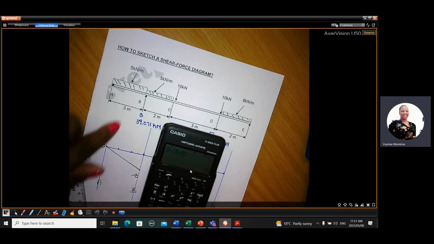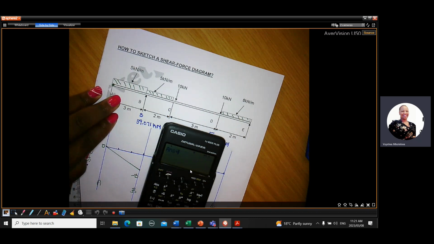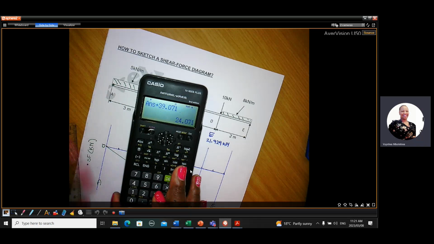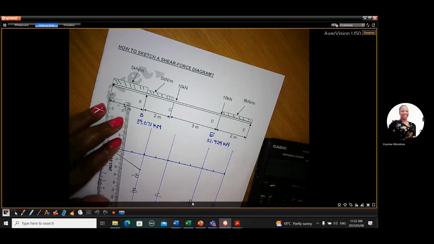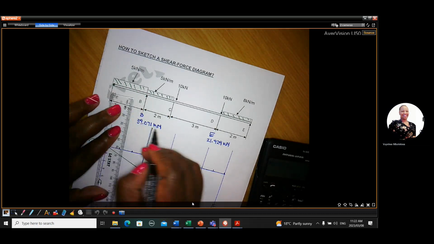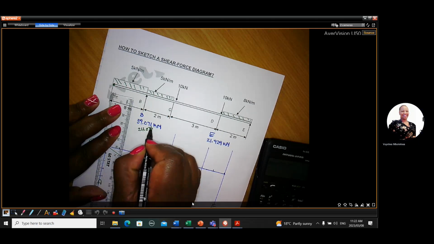We're already at minus 15, and at B the reaction is upward. If it's upward, we take it as a positive, we add 39.071. It takes us to 24.071. So we go up to 24.071.